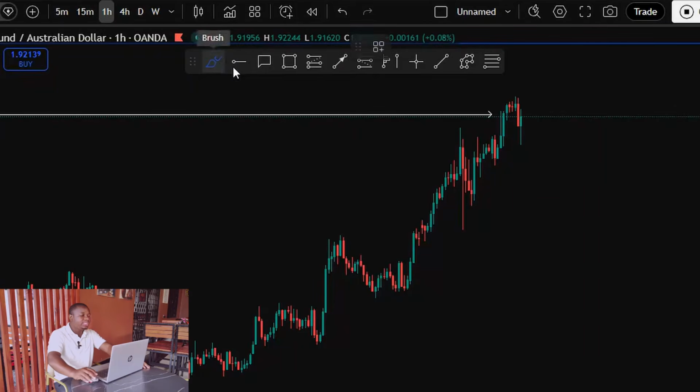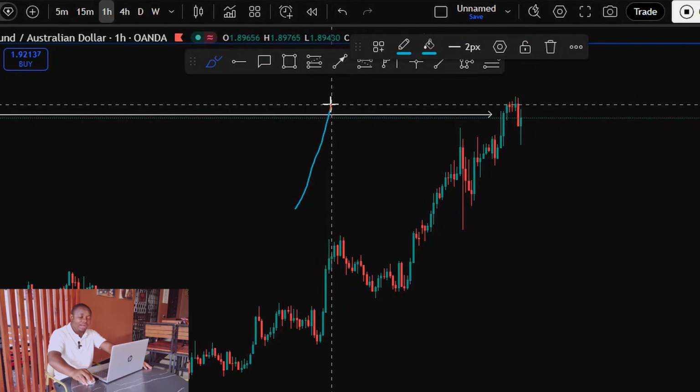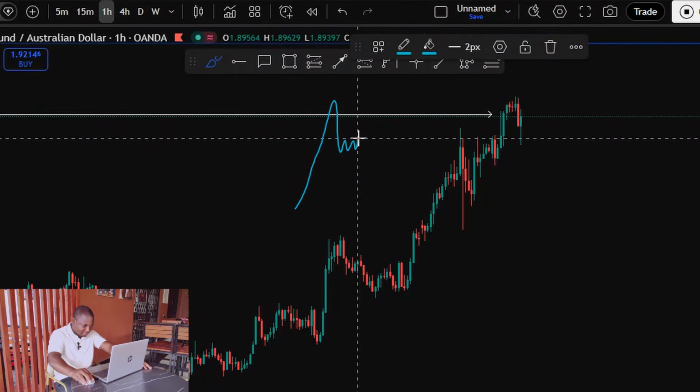The answer is very simple, and I'll show you exactly, because today you will have so much clarity. Let's start with scenario number one. When the price approaches impulsively at an area of value, you need to wait for a push down and a flag.